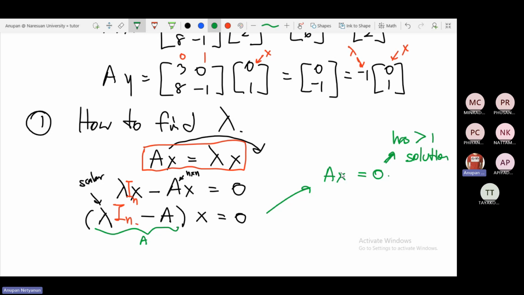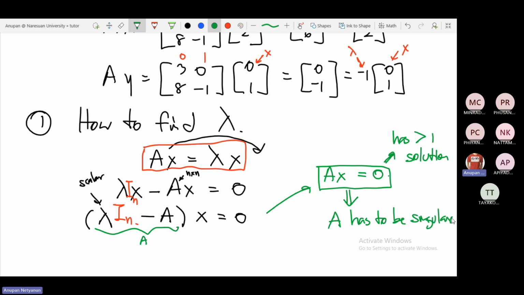Because the 0 vector is one solution already, and you want a solution other than the 0 vector, that means this system has more than one solution. Now, think about what we have in the class. When you have this system and you have more than one solution, that implies A has to be singular.